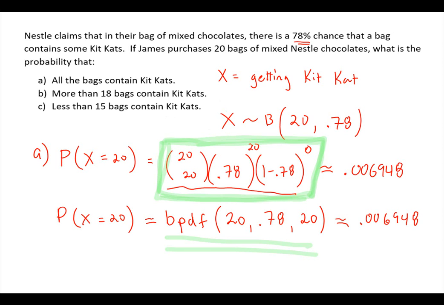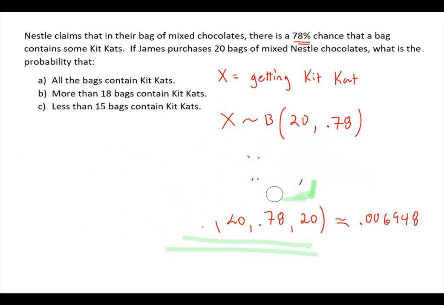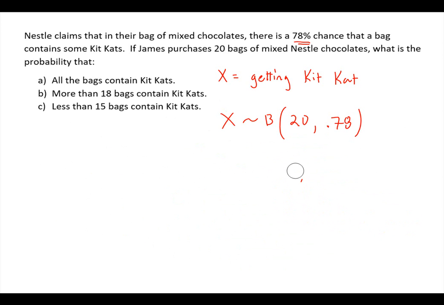Let's take a look at the next example, part B. In part B, we want to know the probability that more than 18 bags have Kit Kats, so the probability that x is greater than 18. More than 18 means we do not count 18, so we're talking about 19 and 20. This means the probability that x is equal to 19 plus the probability that x is equal to 20.